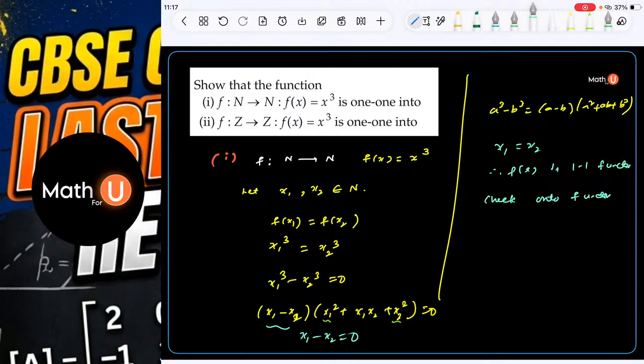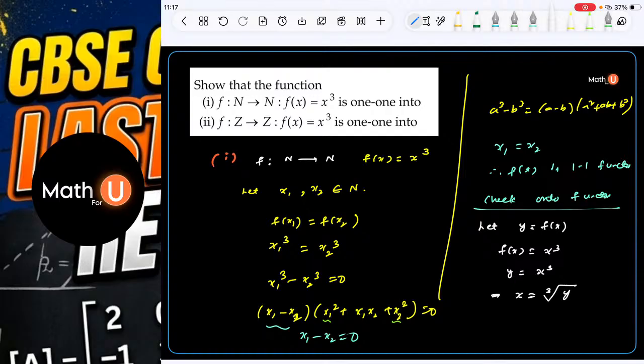Now how to check whether the function is onto or not. Let y is equal to f of x. The function given is f of x equal to x cube. In place of f of x take y is equal to x cube. Take cube root on both sides, we get x equal to cube root of y.